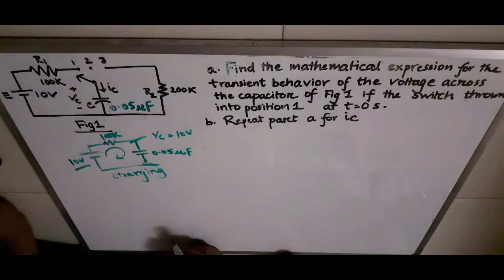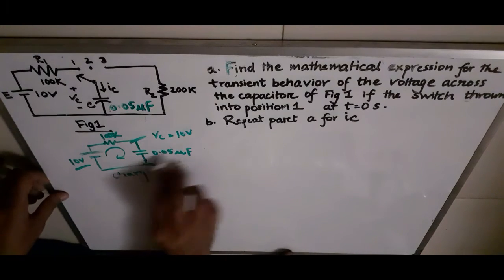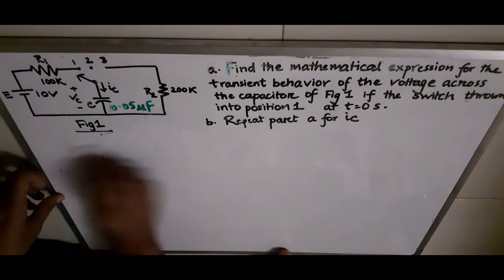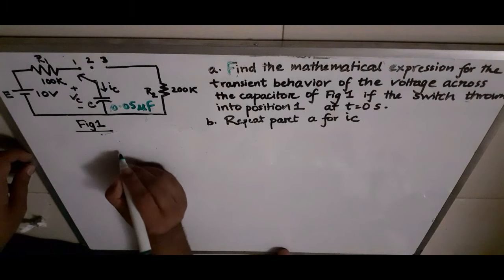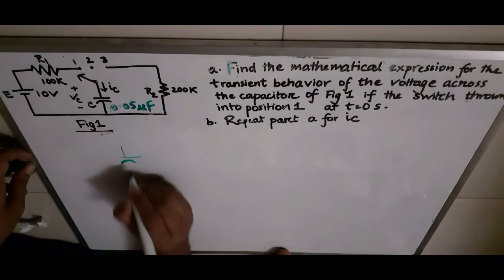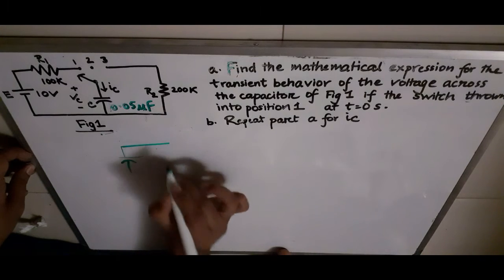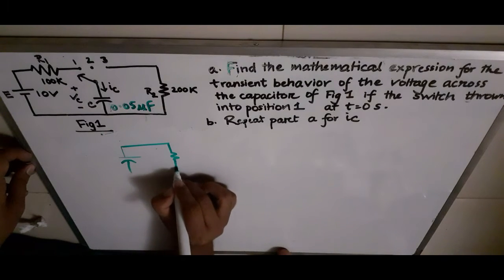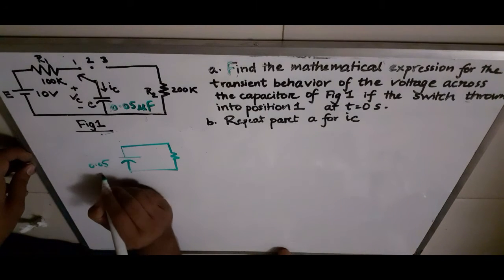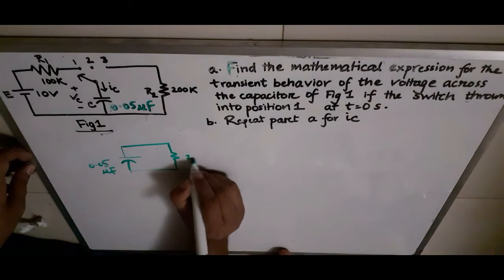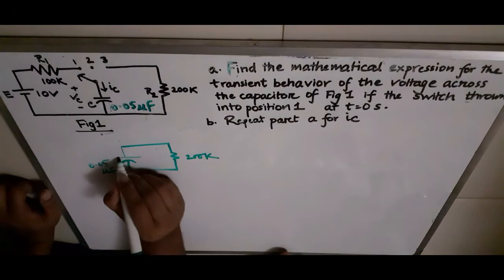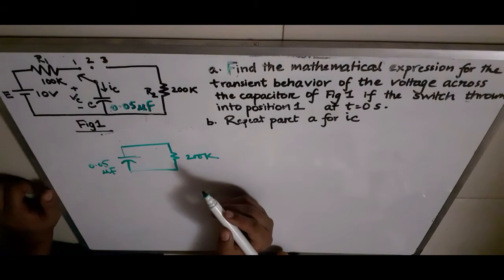So now let's look at the discharging phase. If we have a circuit like this, here this capacitor of 0.05 microfarad is connected to a 200k resistor, right?